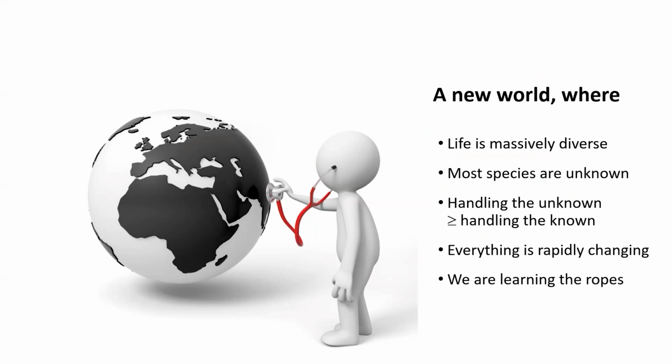And in this world, everything is also rapidly changing. The good news is that we are currently, through LIFEPLAN and through other projects, learning how to deal with this massive amount of previously unknown diversity.